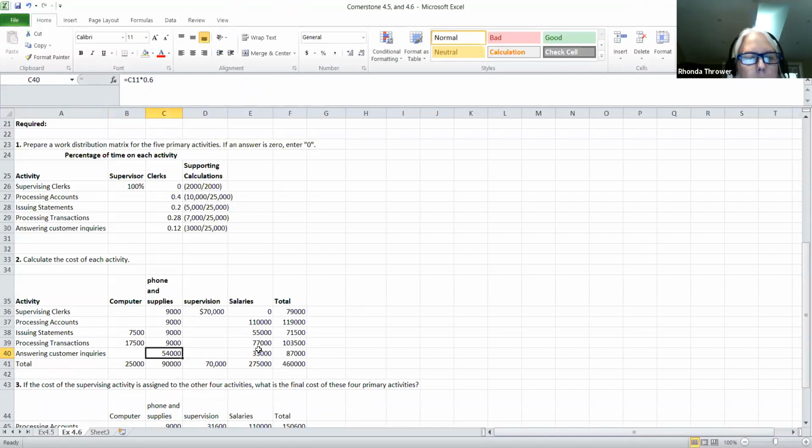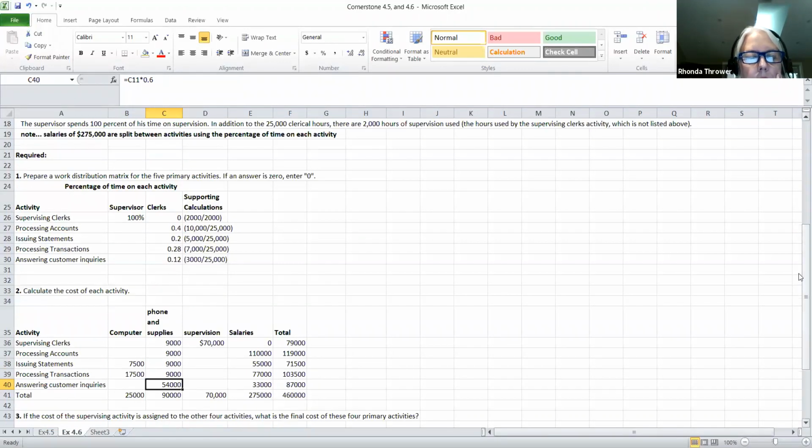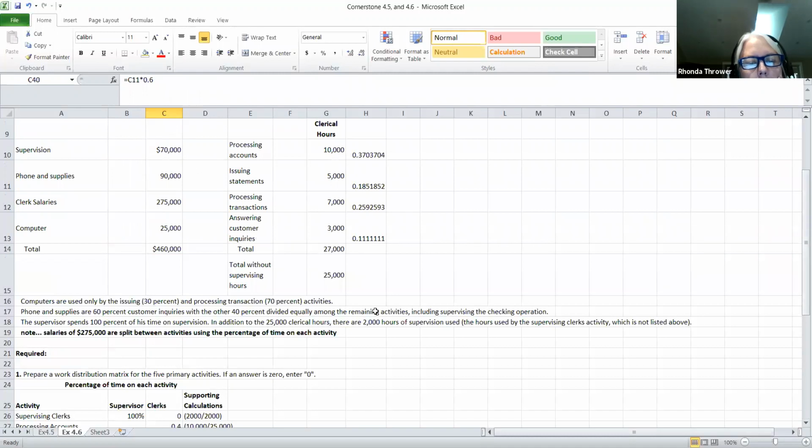That's what goes here. The other 40% is divided equally among the remaining activities, which includes the supervising activities.